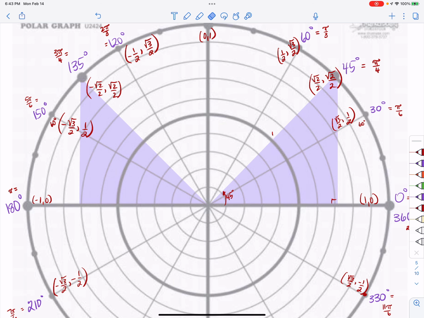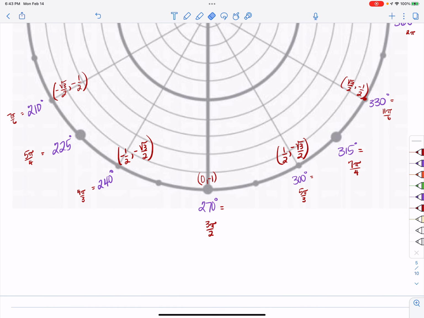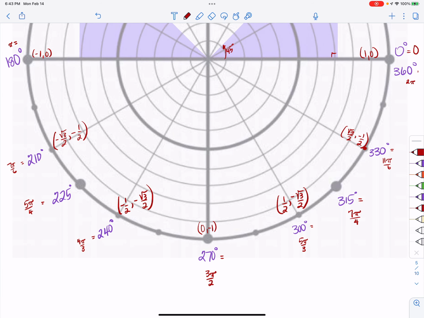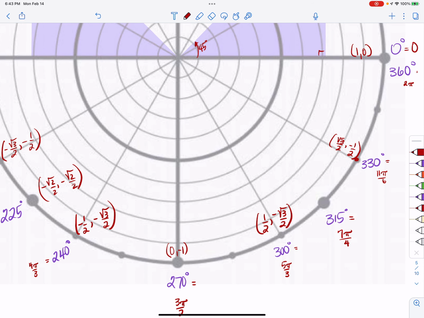All right, so now that I have those, let's go ahead and fill in the third quadrant. Middle is going to be left root 2 over 2 and down root 2 over 2. So they're both negative. And in the last quadrant at 315 degrees, we're going to go to the right root 2 over 2, and we'll go down root 2 over 2.